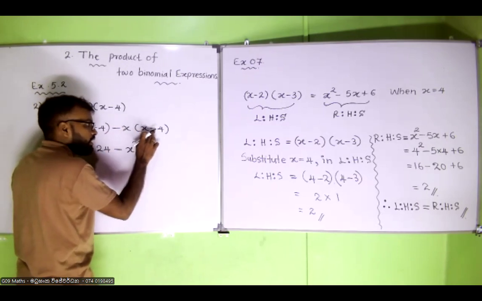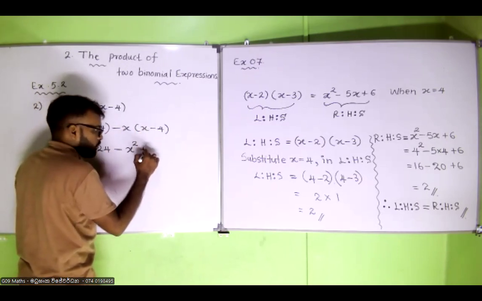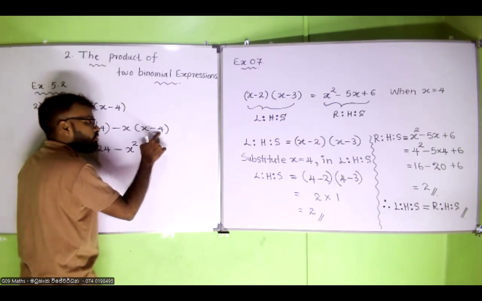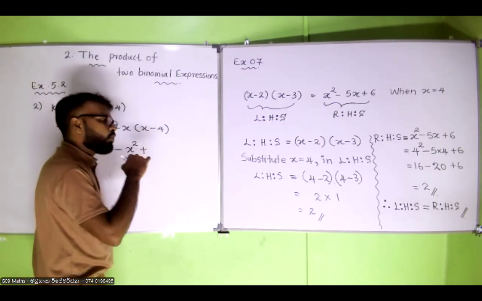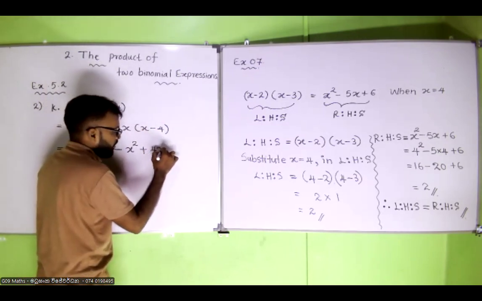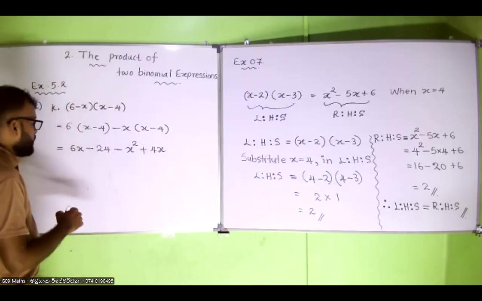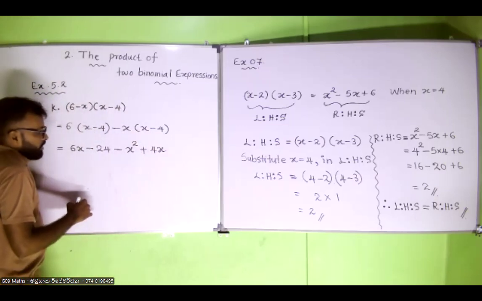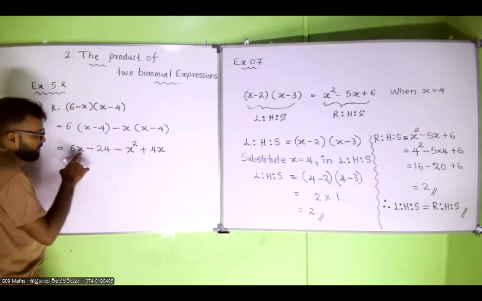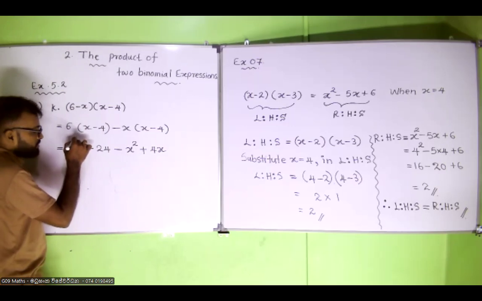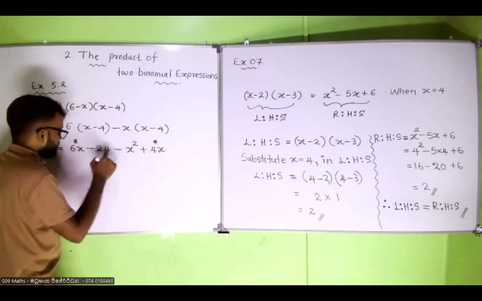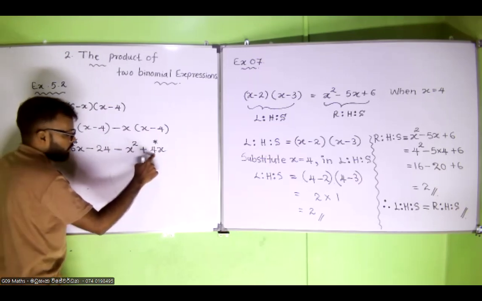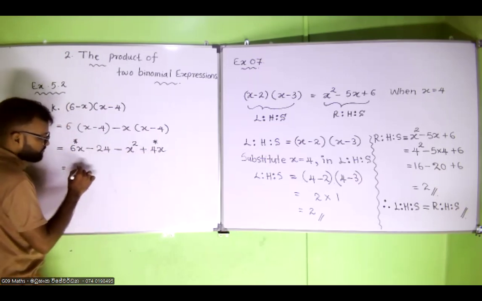Negative into negative, positive. X into 4, x4, but we write it as 4x. Now, like terms, right? 6x, here you have 6x plus 4x. Like terms. 6 plus 4, 10x.